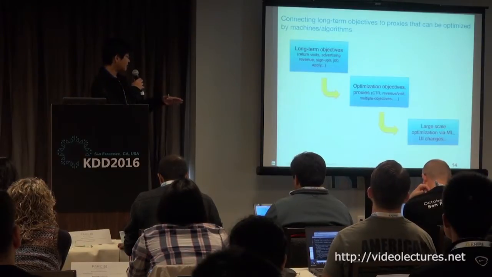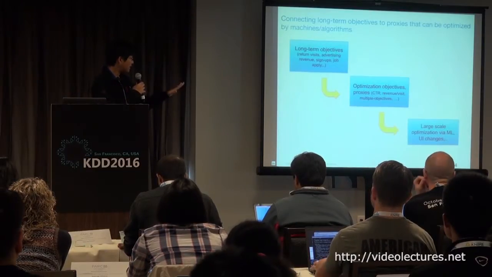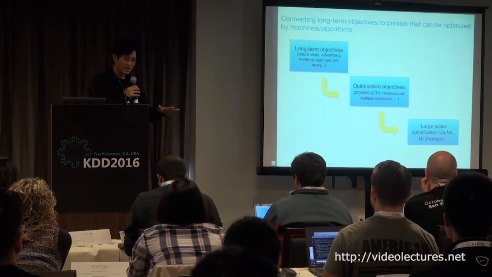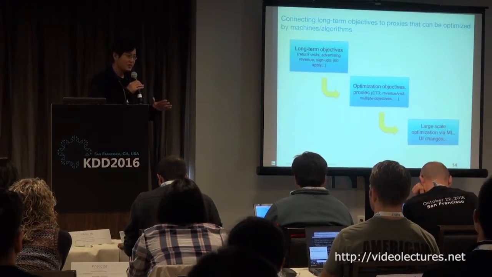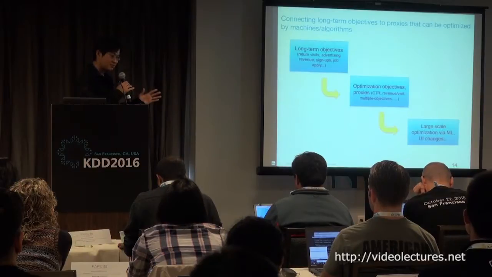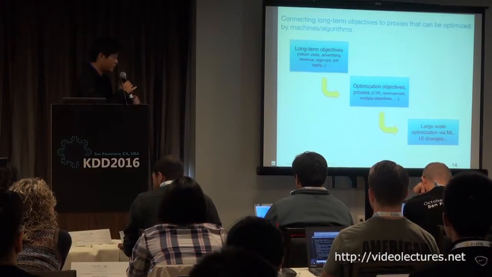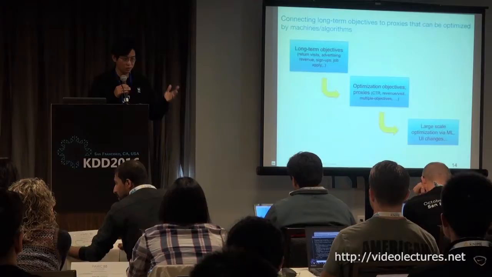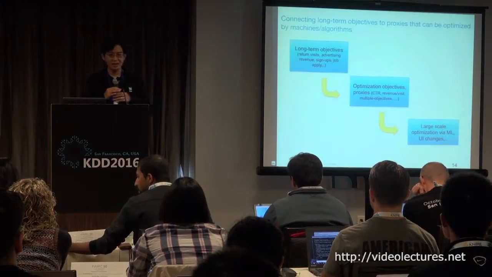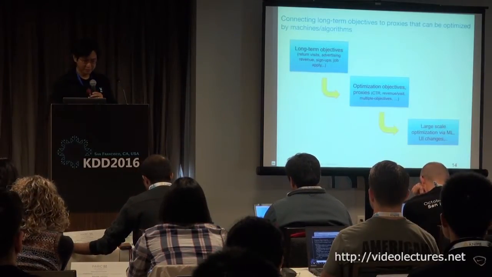After defining the optimization objective, we apply machine learning to learn a model that can predict whether a user is going to click or not. Then we can use that model to rank all the items we have.